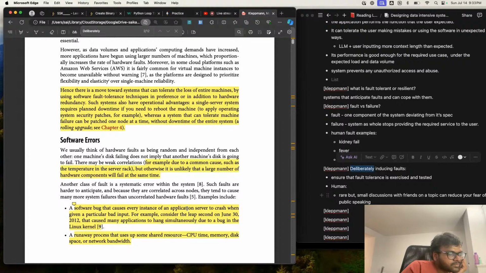So we interact with environments. We perform some actions like typing, like thinking, like communicating.